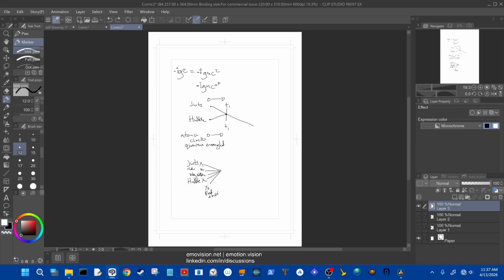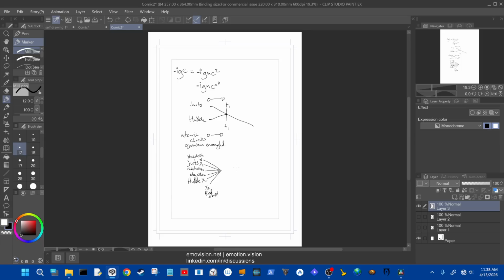Sorry, a little backwards here. Red shift, and then what's that one? That's y1. Blue shift. Anyway, it's not too complicated. It's just a bunch of parallax.